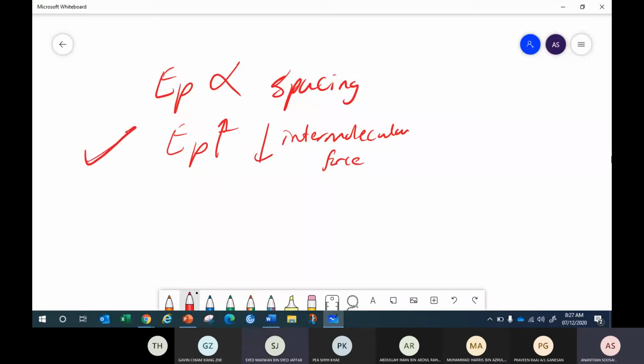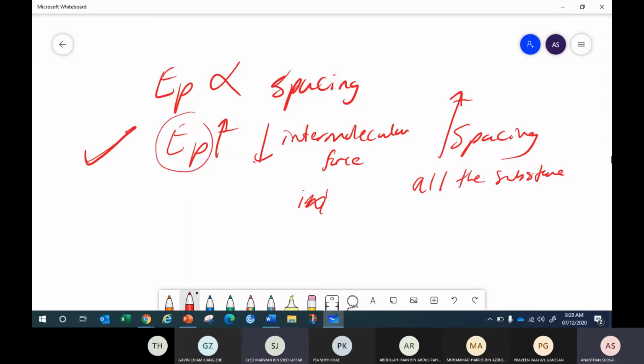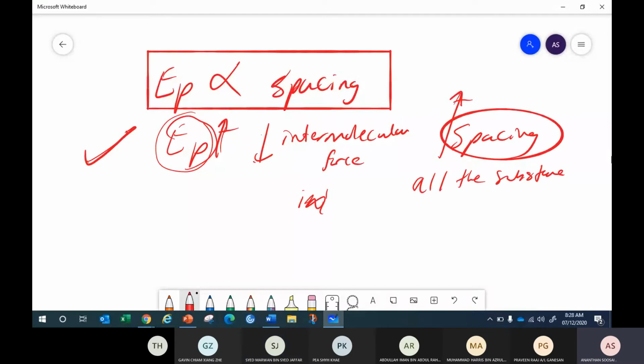This is the actual fact. Normally, when intermolecular force decreases, spacing will rise, for all substances. That's why, because EP rises as the intermolecular force gets weaker and spacing increases, we conclude that EP rises means spacing rises. That's why we conclude the above relation.